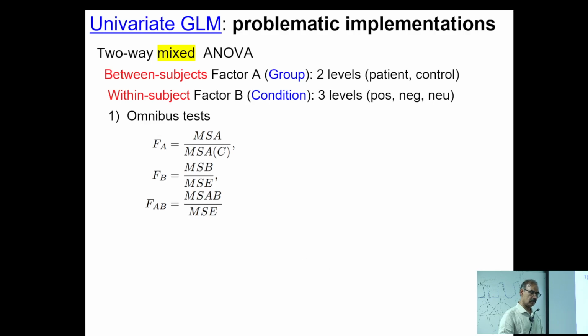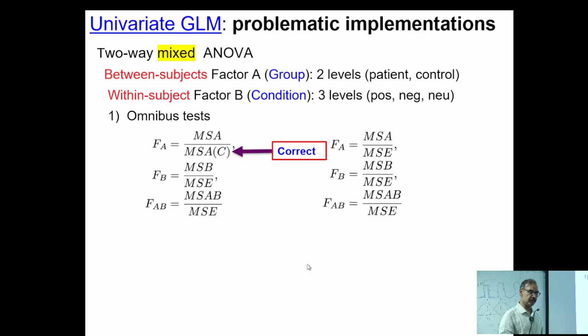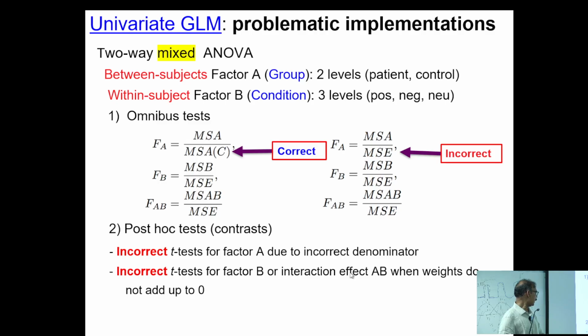So while this would be correct, this would be incorrect. Okay. So t-test for factor A due to incorrect denominator, and the t-test for factor B, or interaction between AB when weights do not add up to 0. So in this case, when we are analyzing the data, we have to make sure that this collinearity doesn't occur.